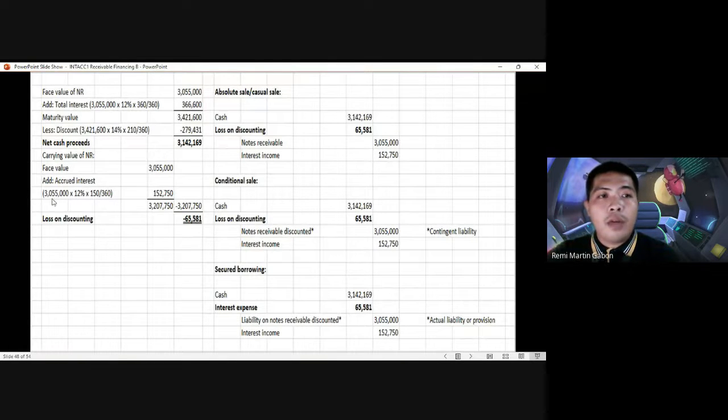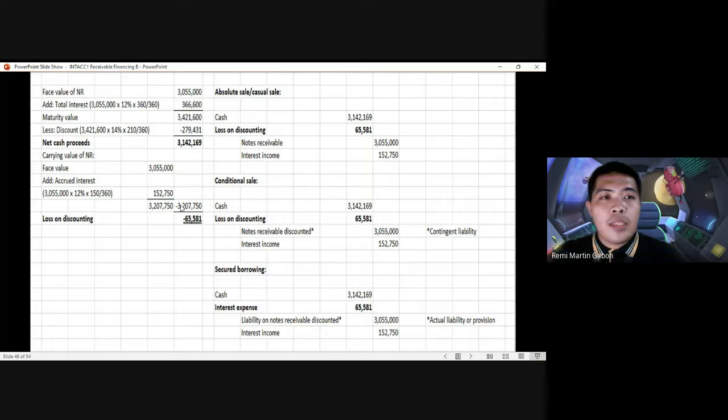So 3,055,000 times 12% times 150 over 360 or times 5 over 12. We can still arrive at accrued interest of 152,750. Then add the two, we can have the carrying value of the promissory note as 3,207,750.